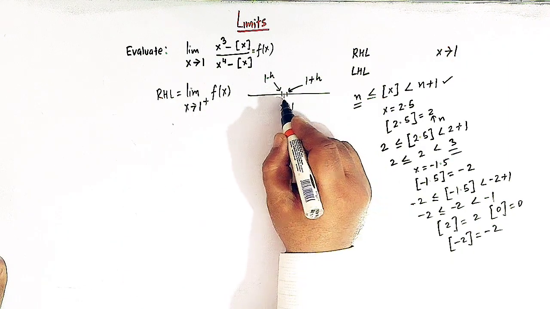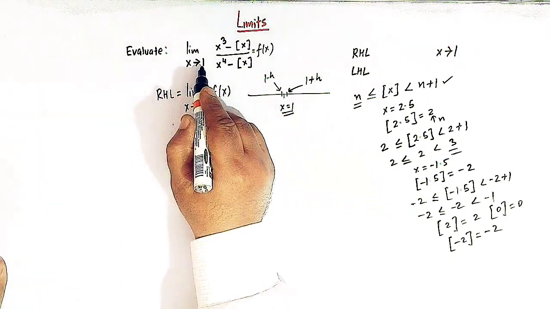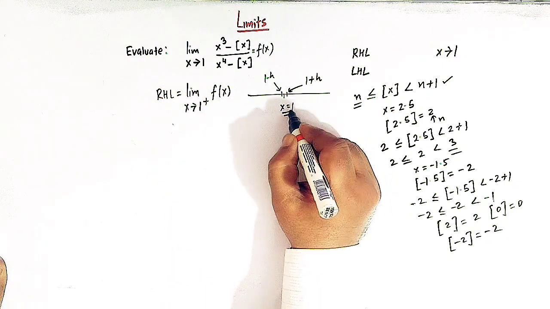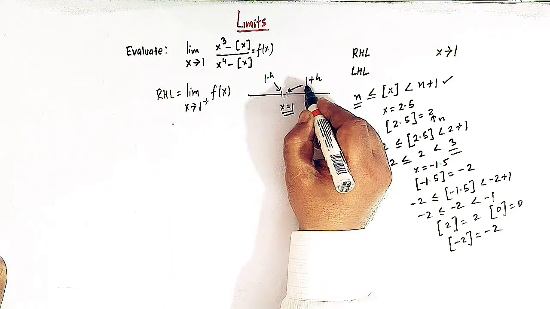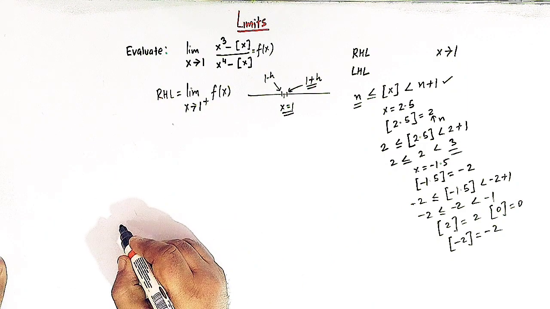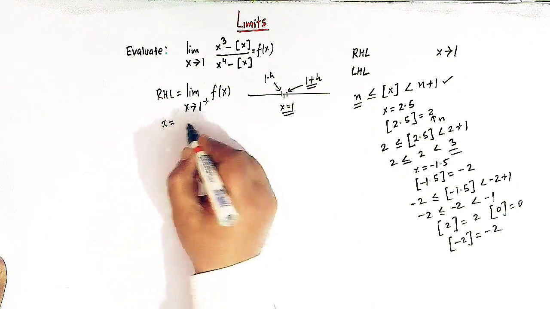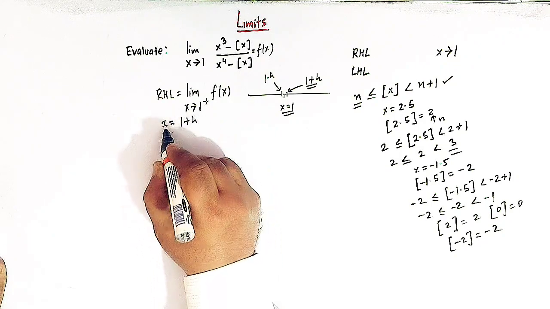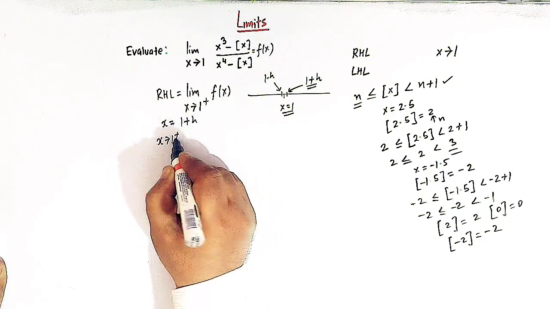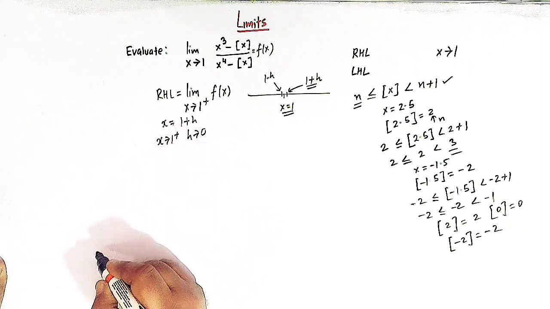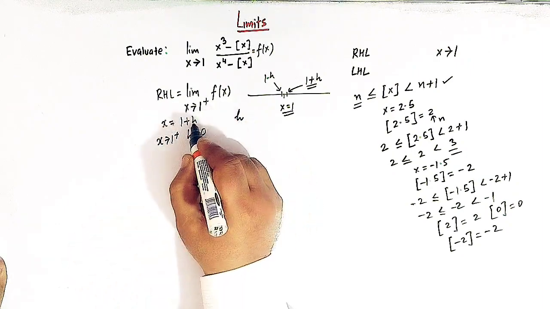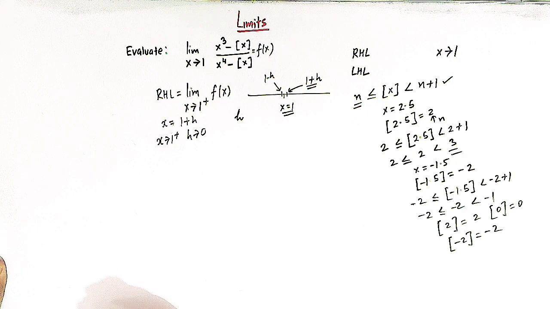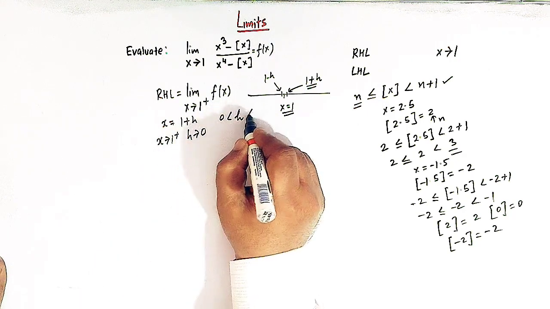When we approach 1 from the right of x is equal to 1, we have this point 1 plus h. So we'll put x is equal to 1 plus h. When x tends to 1, obviously h tends to 0, and this quantity h is infinitesimally small, greater than 0 and less than 1.